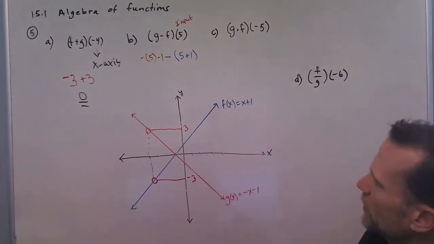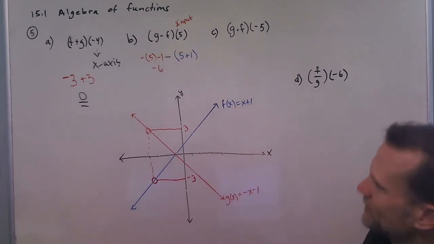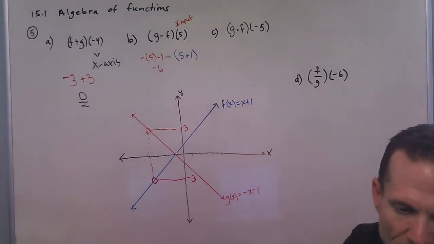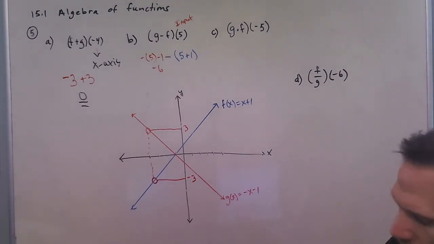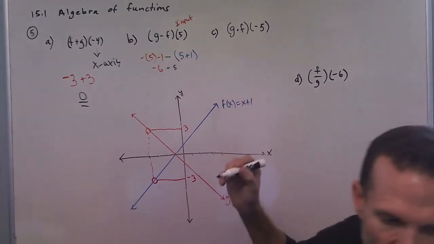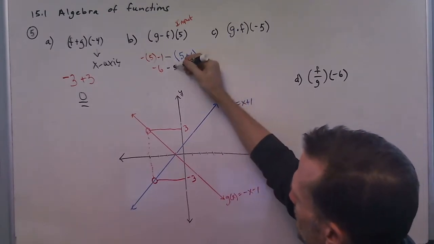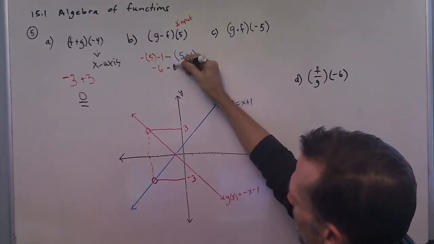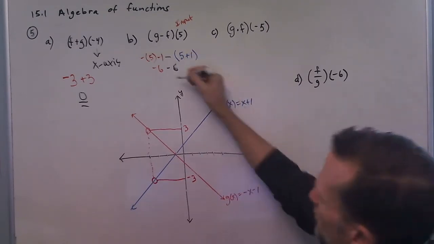And then what I get here is -6 minus 5. -6 minus 5. And I get 5 plus 1 is 6. Got to get the easy math right, okay? And I get -12.